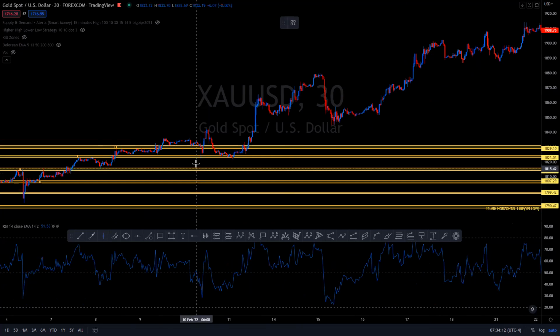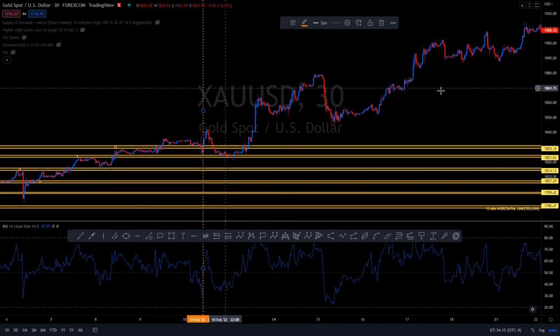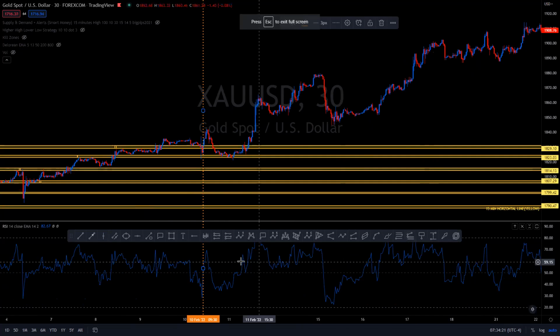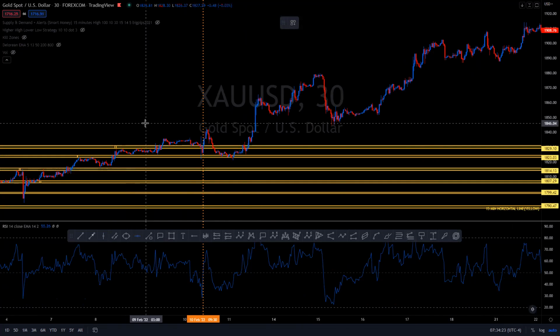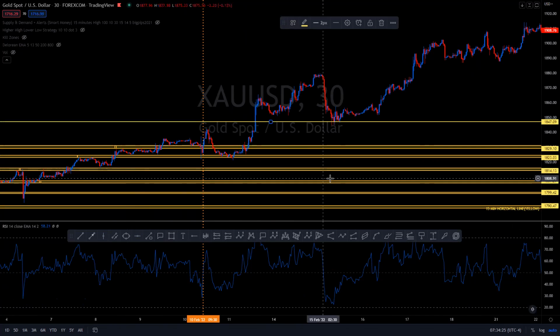So I want to put a vertical line here. This is going to be the next level zone here.